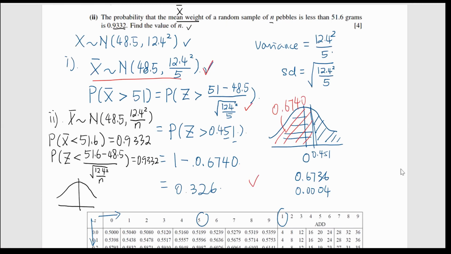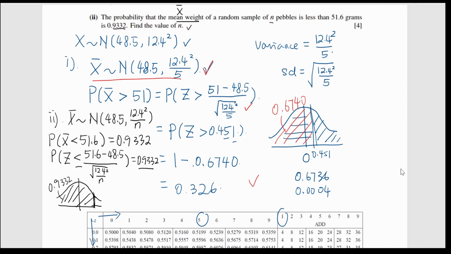We can see that the direction we want is less than. So we are looking at the area towards the left-hand side with a probability of 0.9332. Means it has to start from here and go all the way to the left with an area which is the probability 0.9332. And that is the z-score.